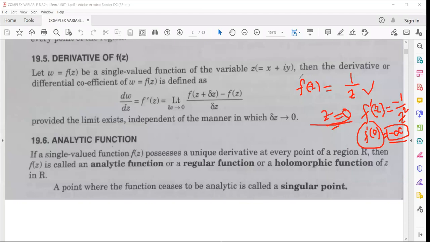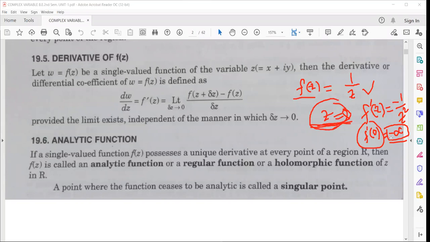And so you can say that this f(z) is not analytic at this point z. But this function is analytic everywhere, whatever be the value of z you take, except z is equal to 0.